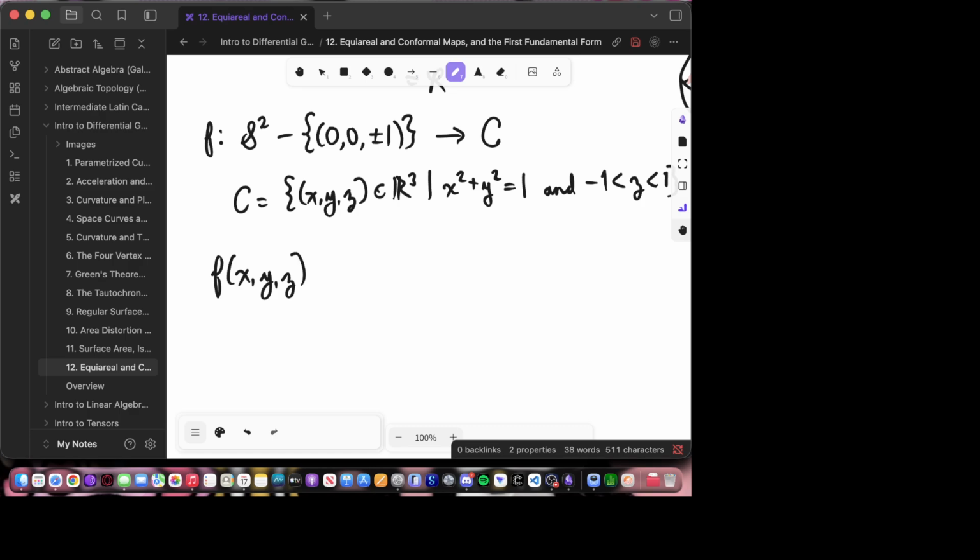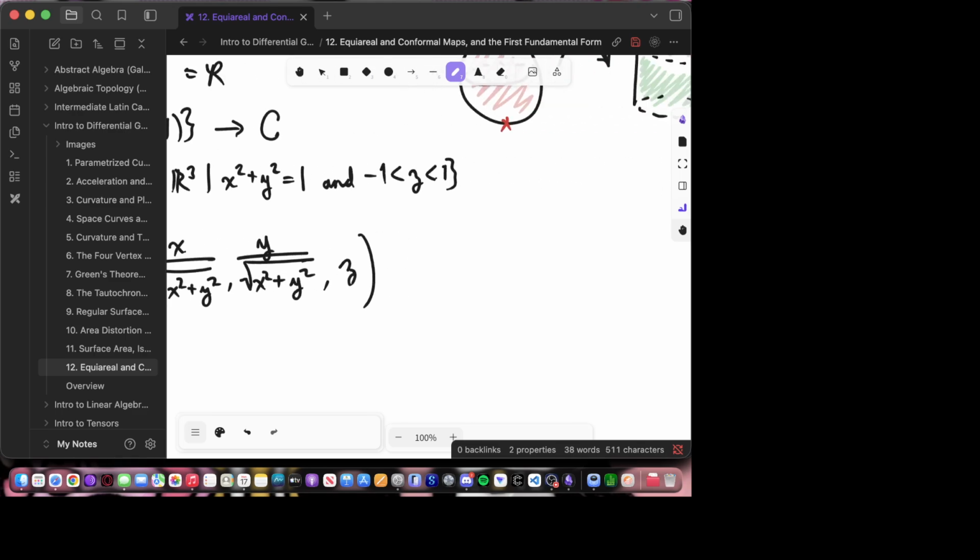For if we have x, y, z, then we have... so what will this look like?